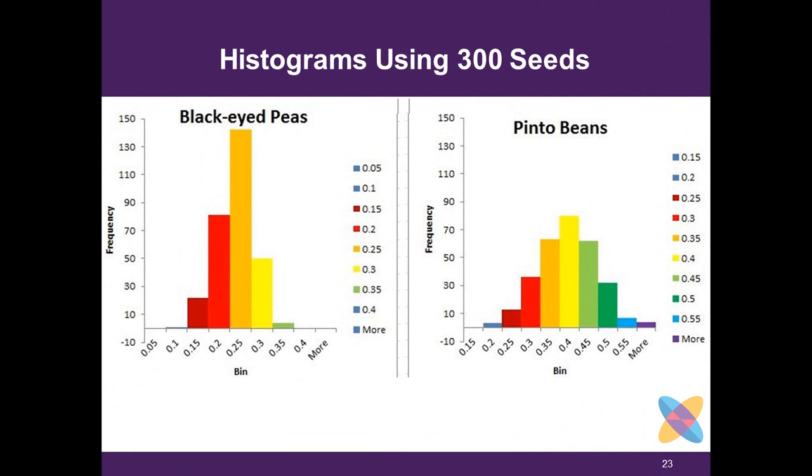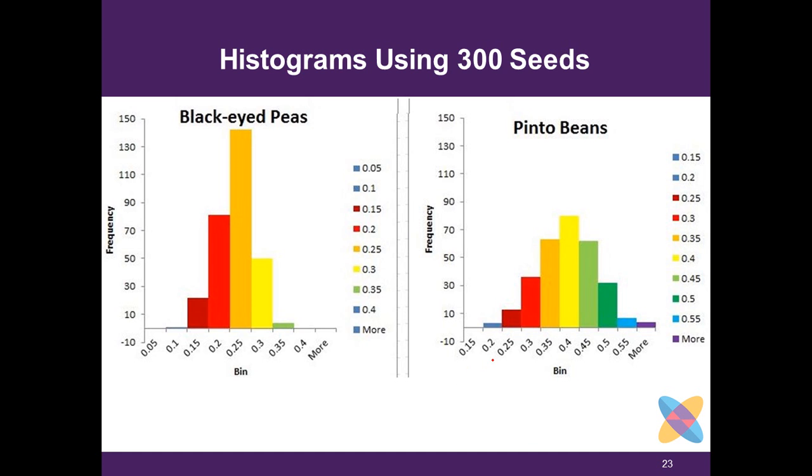All right, now this is the kind of histogram that was made using the class data of 300 seeds, with your black-eyed peas and your pinto beans. What do you notice about these two histograms? Which group of seeds has more variation, the black-eyed peas or the pinto beans?